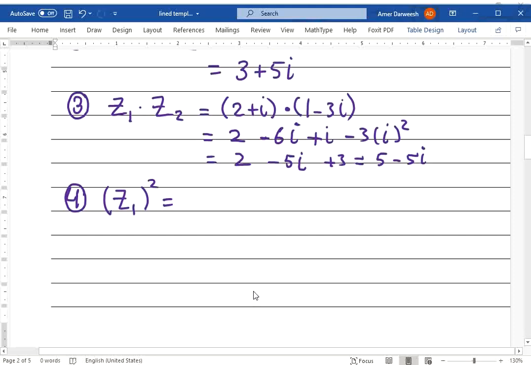هلا كمان ملاحظة، لو ضربنا Z1 times Z1، إما بستخدم نفس الطريقة أو بستخدم الإكسبانشن بالريال نمبرز.